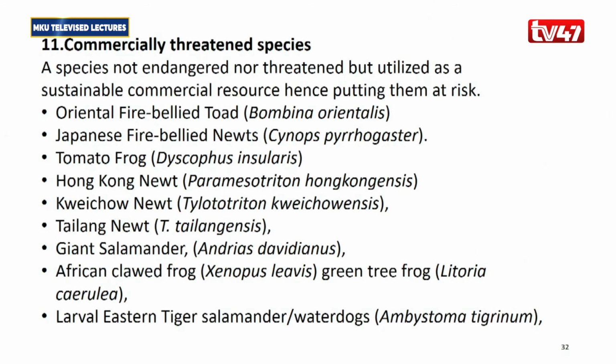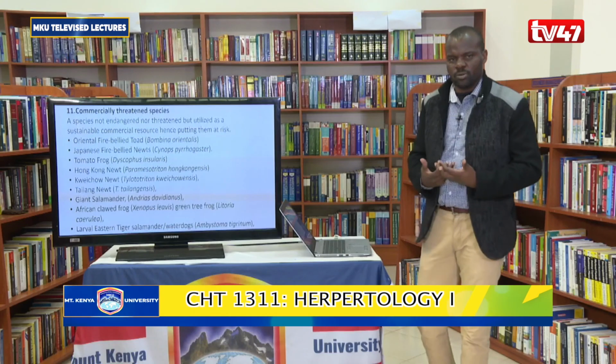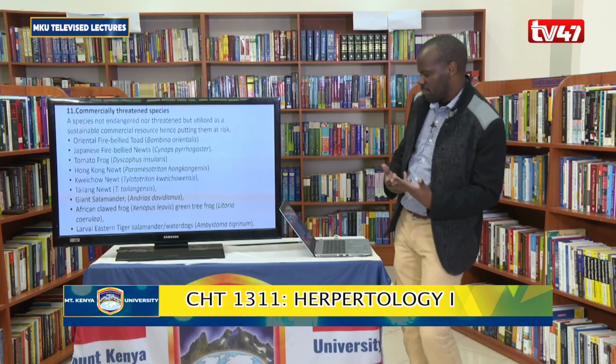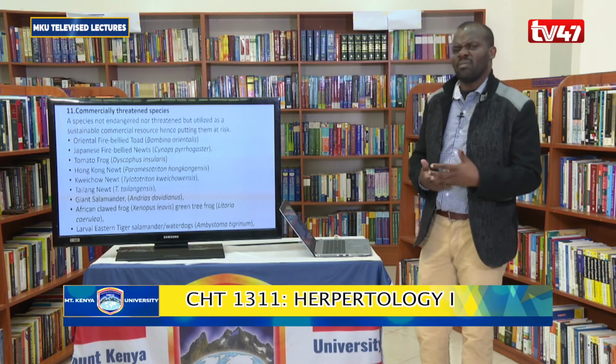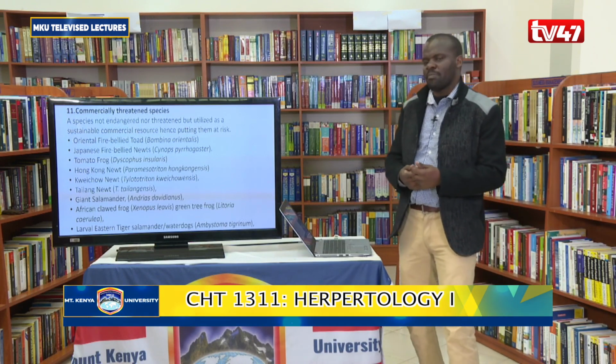And then I'd also like to talk about commercially threatened species. Now if you look at these species, why do we call them commercially threatened? It is simply because these are normally considered a sustainable commercial resource, meaning that they're normally utilized or consumed for commercial purposes.